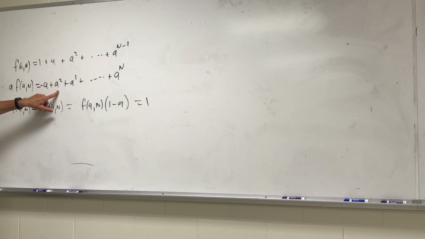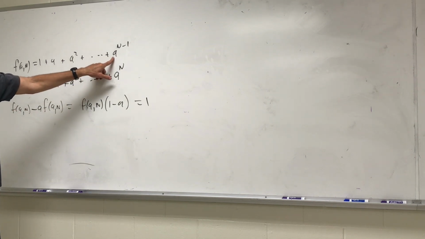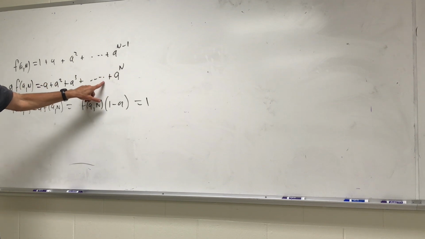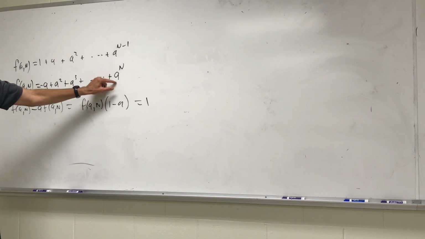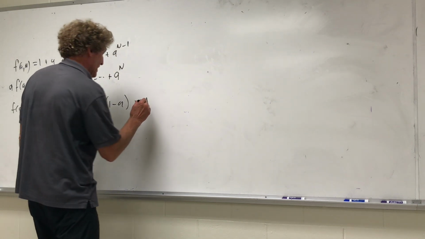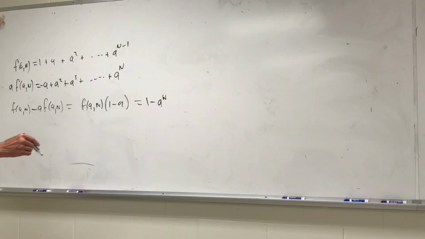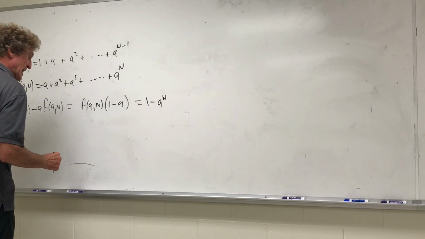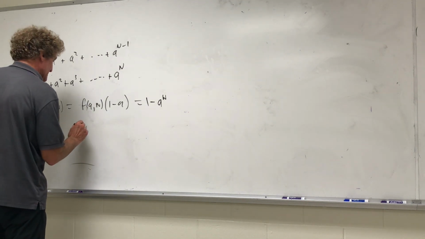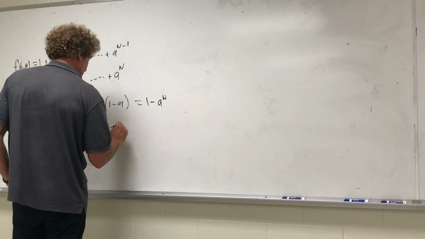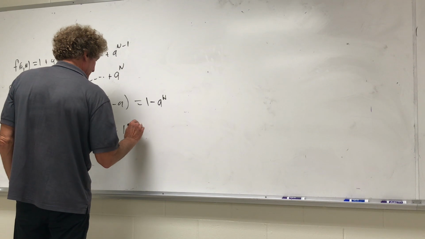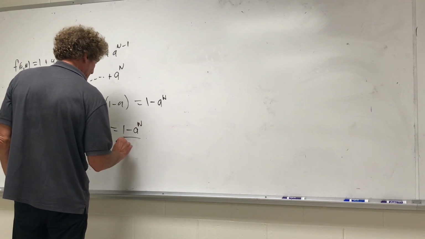I have an a to the n minus 1 here, but I don't have an a to the n, so there's going to be that minus a to the n. That means the series condenses down to f of a comma n equals 1 minus a to the n over 1 minus a.